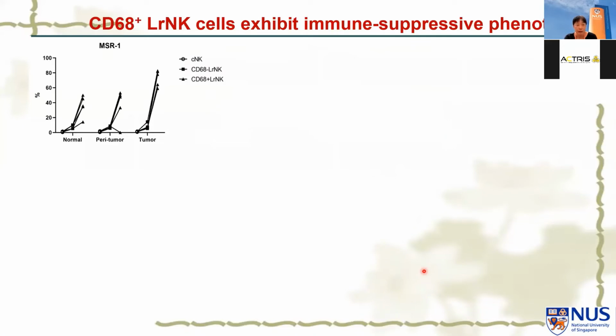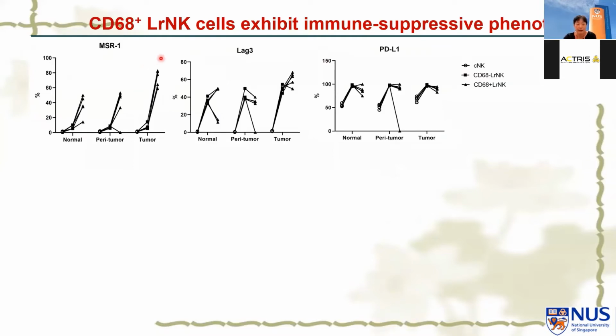So then we wanted to ask, what kind of functions do those cells have when they increase in the tumor? They do have higher expression of scavenger receptors other than CD68. LAG3, for those of you who are not familiar with immunology, is a molecule similar to PD-1.